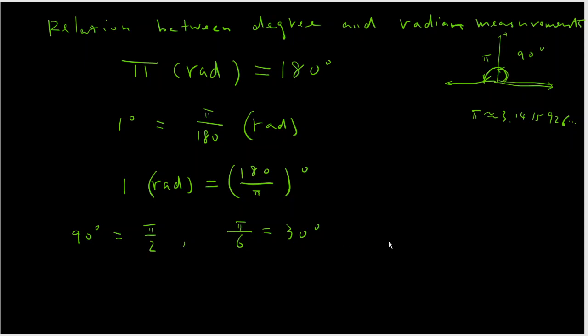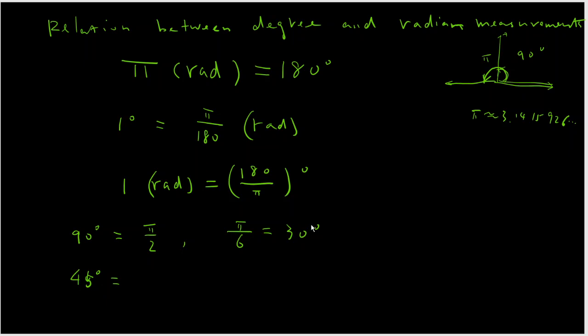Now I believe we can convert 45 degrees, another commonly used angle. 45 degrees. You can go from here. You divide two sides of the equation by 2, you have 45 degrees on the left hand side.